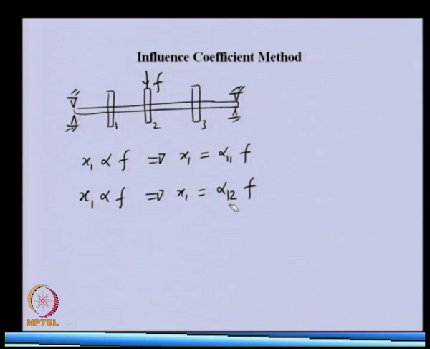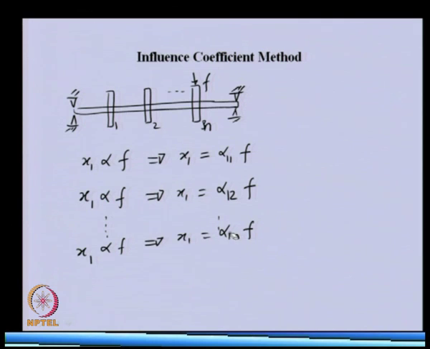I have represented it like this, and similarly, let us say n number of discs are there, and this is the nth disc, and we are now applying the force at the nth disc. We expect the displacement at disc 1 due to this force at the nth disc will again be proportional to the force, and we will have a different proportionality constant, alpha 1n into f.